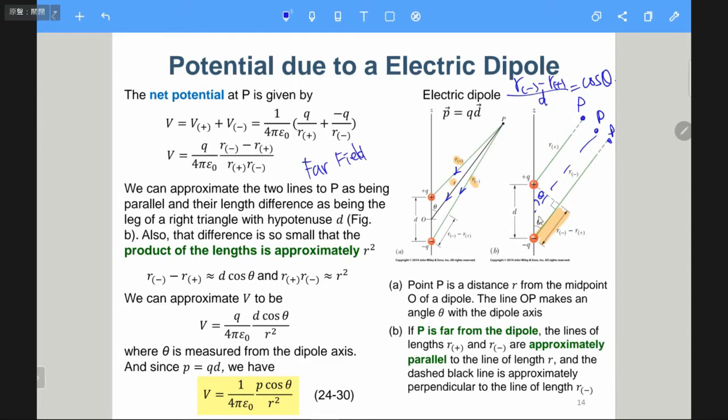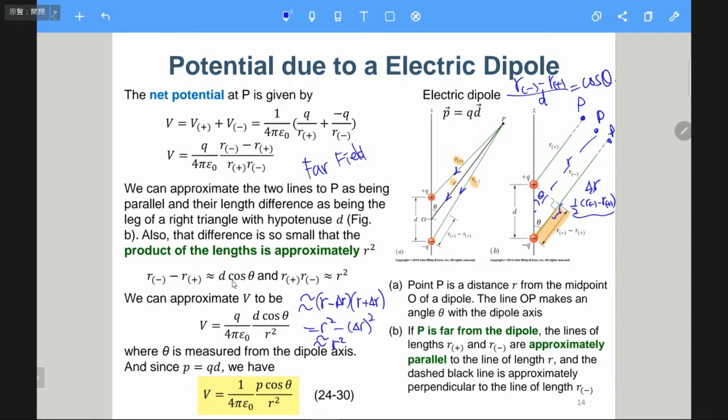If the middle one is R, and this is R plus this one, which is half of R minus minus R plus, maybe we can call it delta R. Then it is approximately R minus delta R times R plus delta R, which becomes R squared minus delta R squared. Supposing R is quite far away, this is approximately R squared.